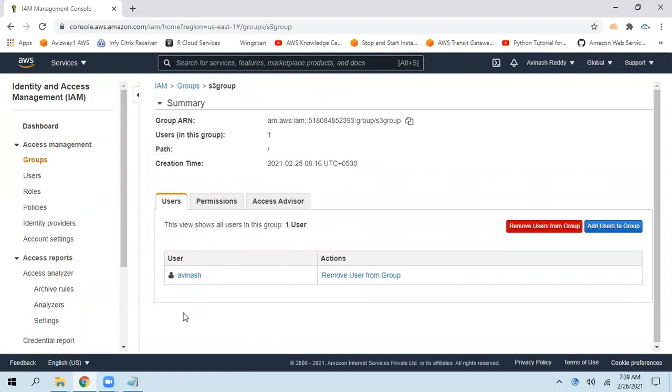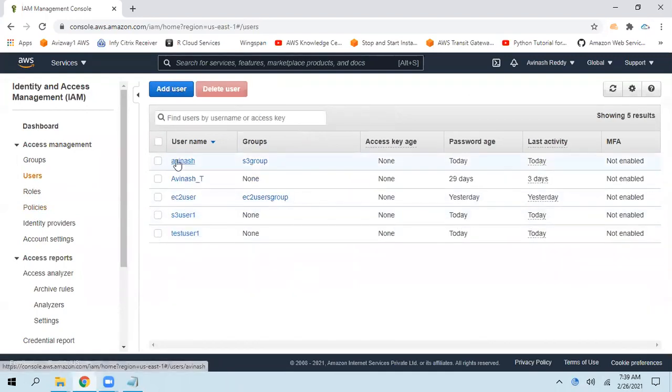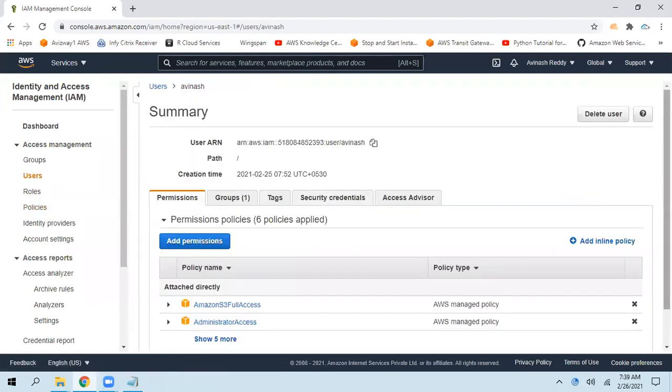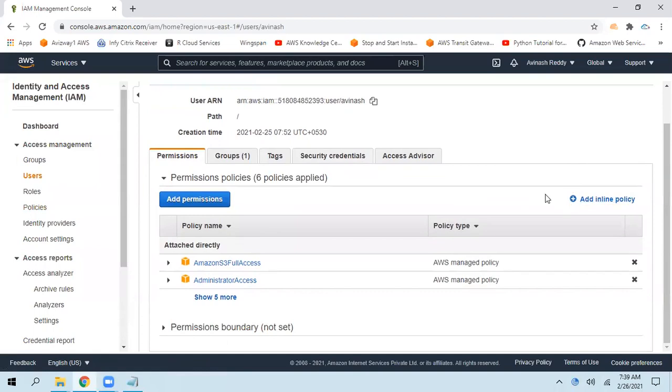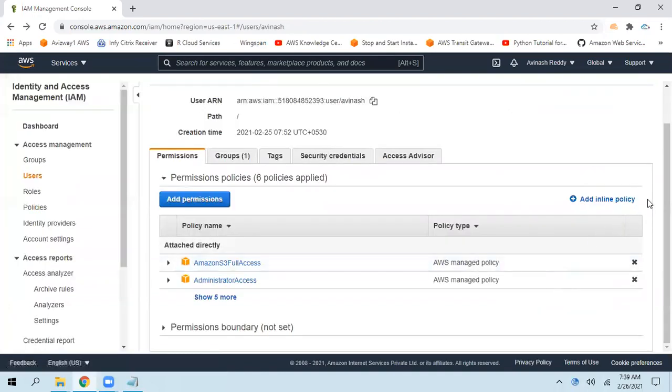So instead of going to the user and using this AWS-given policy, we have an option for inline. You can add a policy for this user, and whatever policy you add here is specific to this particular user only, and it is not reusable.